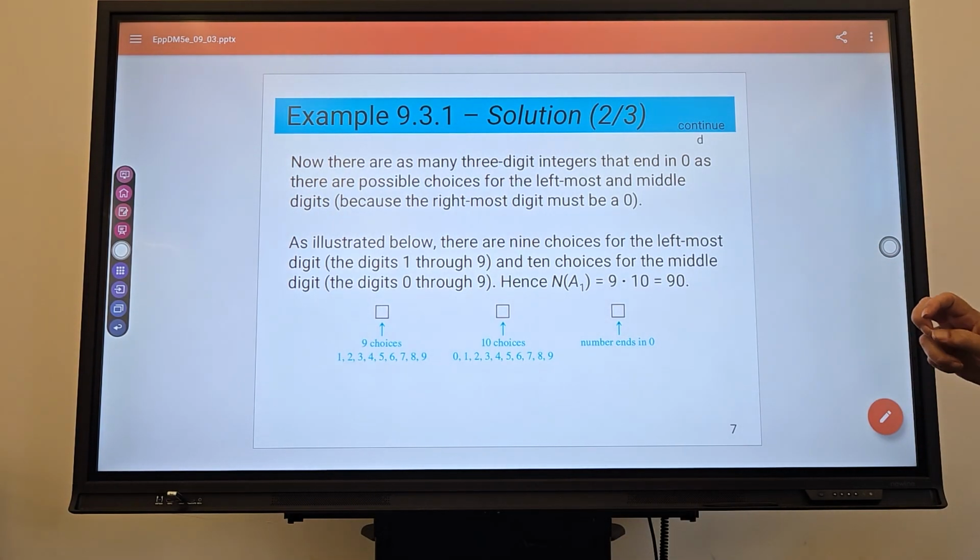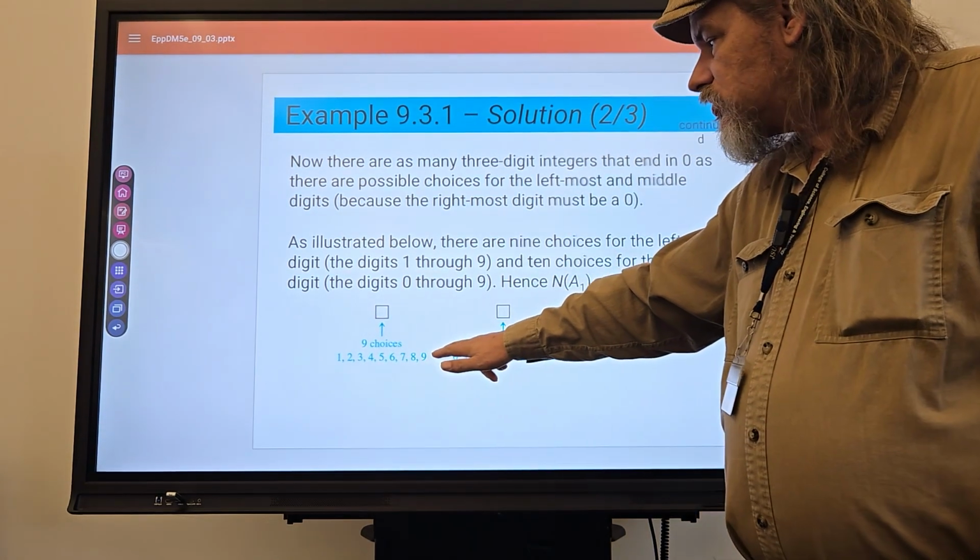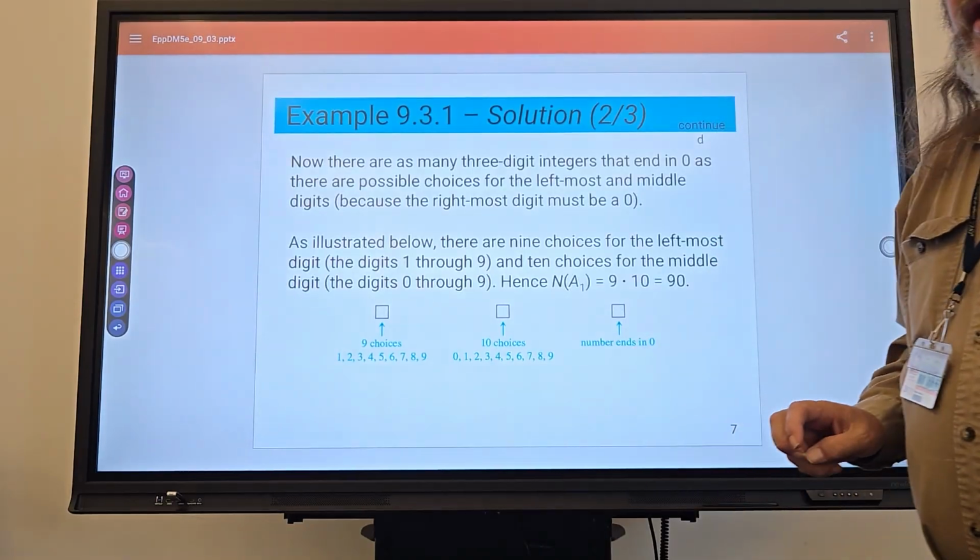So, how many three-digit numbers end in 0? Well, there are 9 choices for the first digit because it can't start with a 0.